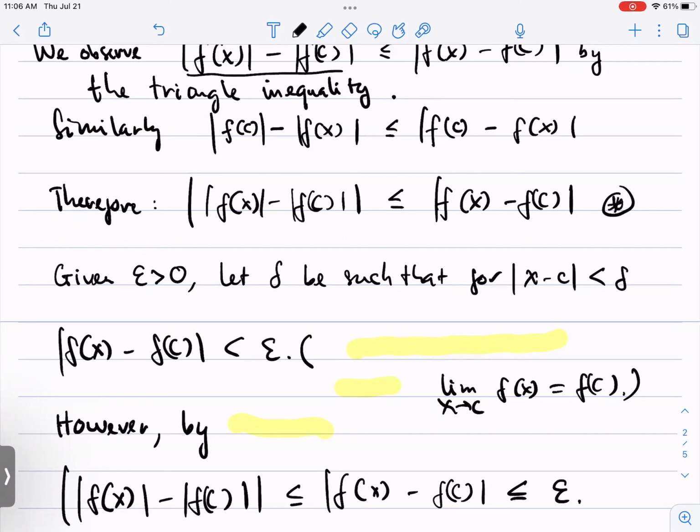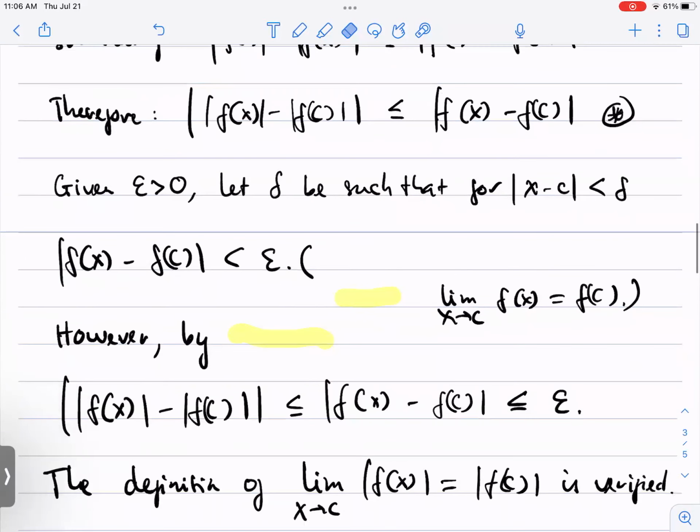Given epsilon greater than 0, let delta be such that for |x minus c| smaller than delta, then |f(x) minus f(c)| is smaller than epsilon.